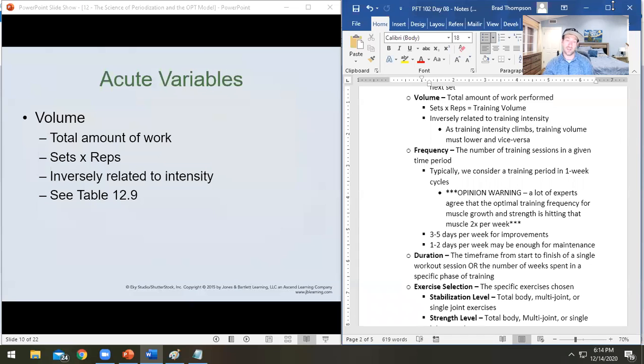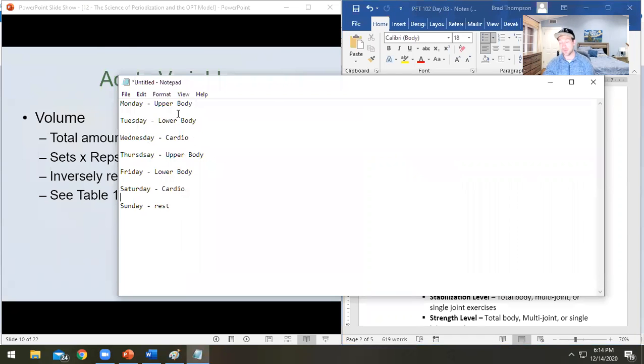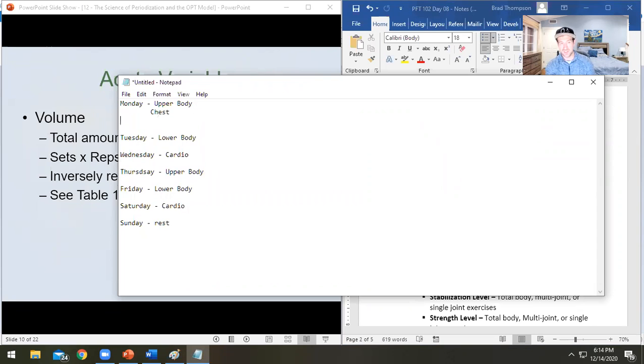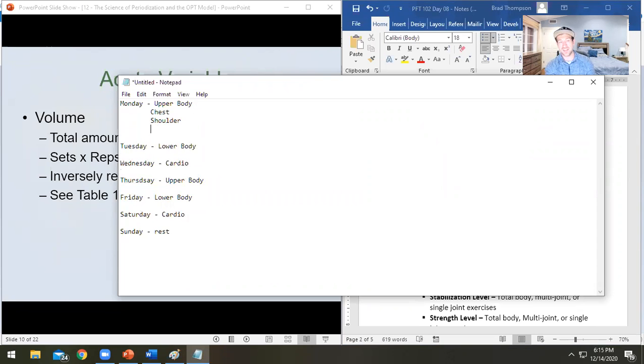So if we look at a program like this, upper, lower, what you can do is, on upper body day, you would have a chest exercise, a shoulder exercise, and a back exercise. If you want to have biceps and triceps, you can, but I'm going to leave that off for now. So let's do the classic 3 sets of 12 reps.